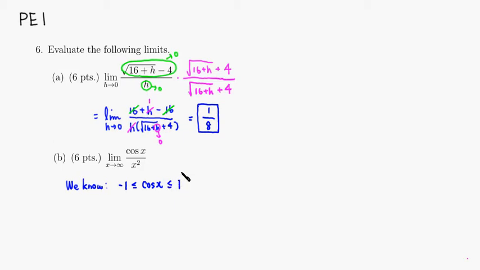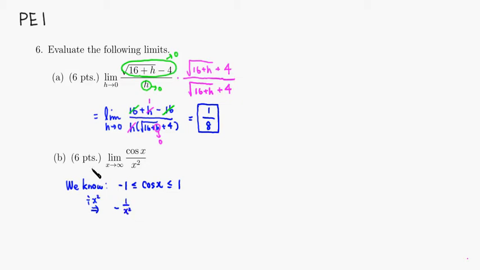This knowledge comes in handy because since we're interested in cosine of x over x squared, we can create that by dividing through by x squared, which is going to give you -1 over x squared.